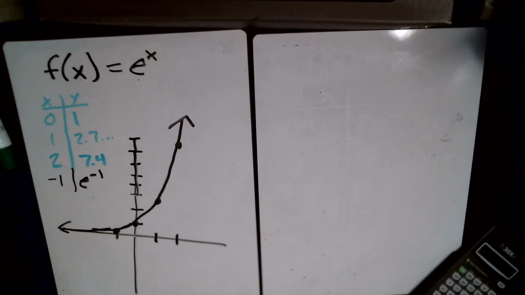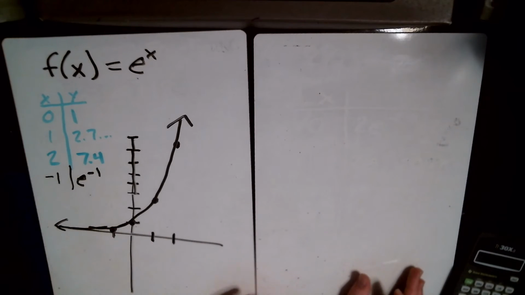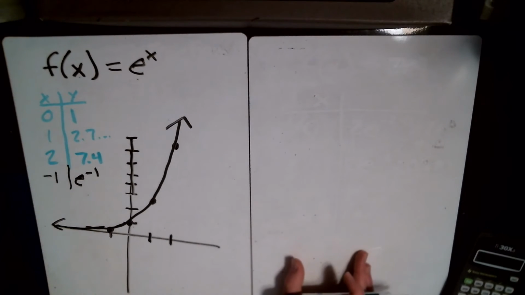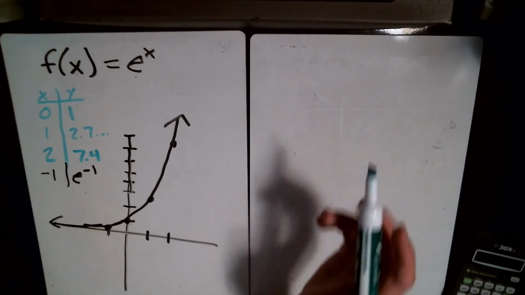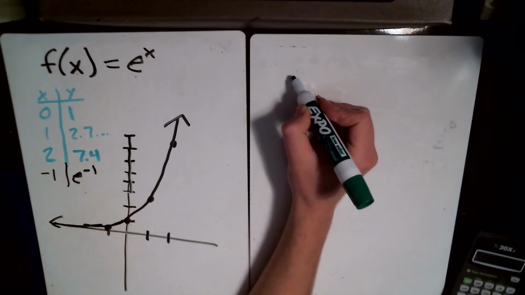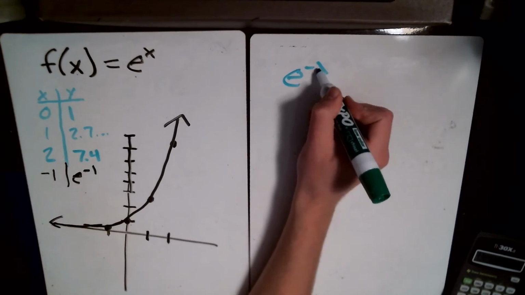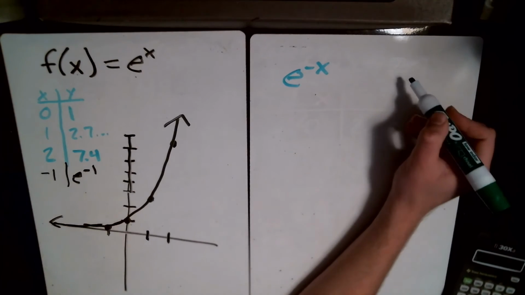And so we're going to use this as a parent graph for some of the transformations that we're going to do. So I'm going to do a few examples of graphing some transformed versions of the e to the x graph. So e to the -x, I'm going to do first.